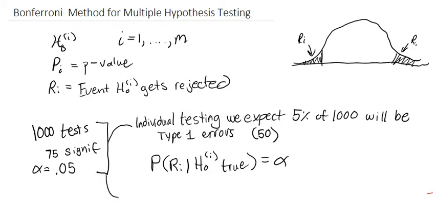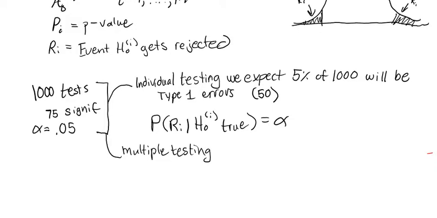Versus in multiple hypothesis testing, our goal is to control the rate of false discoveries. So again, assuming that we have 1,000 tests, 75 are significant, and we set alpha equal to 0.05. Instead, what we are trying to control is the family-wise error rate, or the error rate overall.